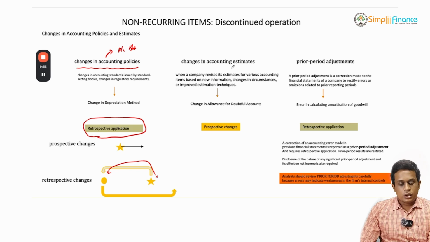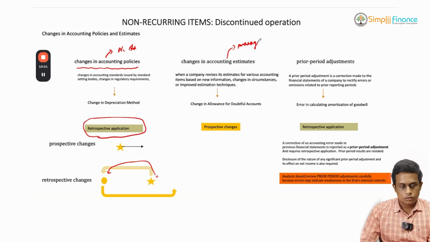And changes in accounting estimates, again this is based on the management's decision. So this should have a prospective change. When I say prospective, from the date of change, for any other reports, from the date of change into the future.